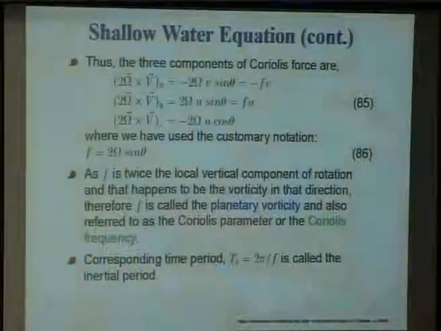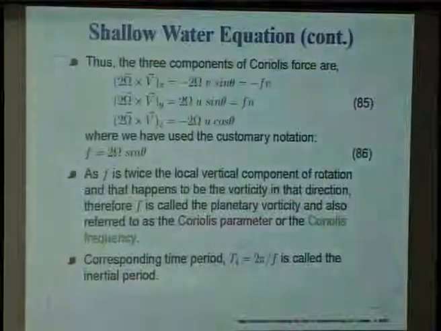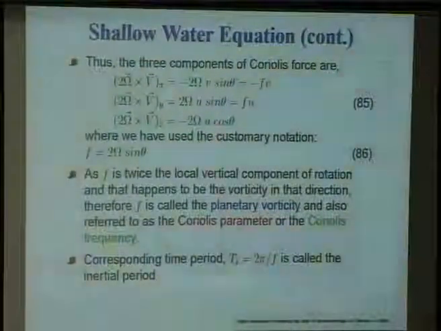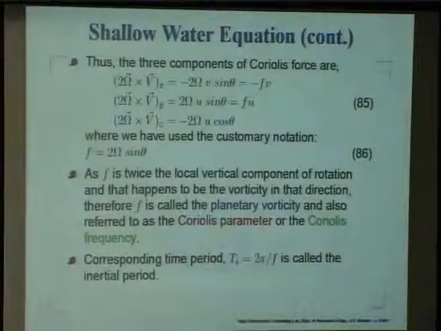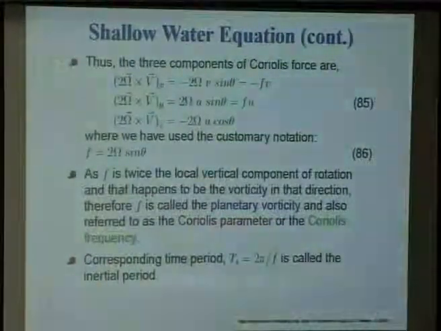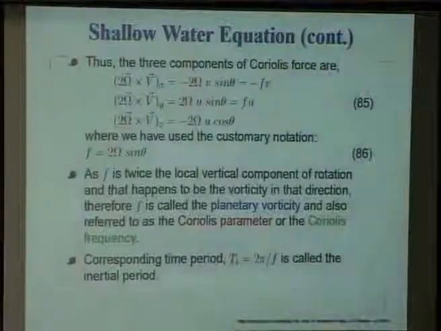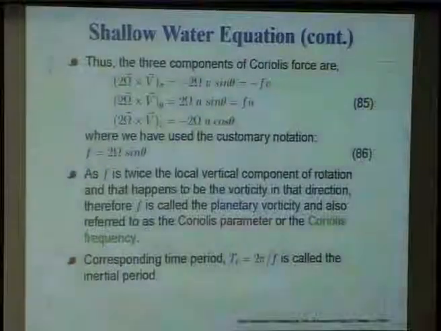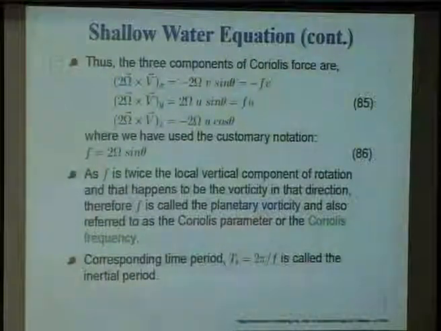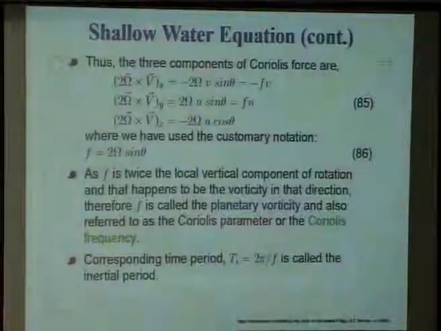It is also called the Coriolis parameter or the Coriolis frequency, because the dimension of this is 1 over time. The corresponding time period is called the inertial period, because that refers to the motion of the earth about its axis, and it is a large scale motion working on the inertial scales.